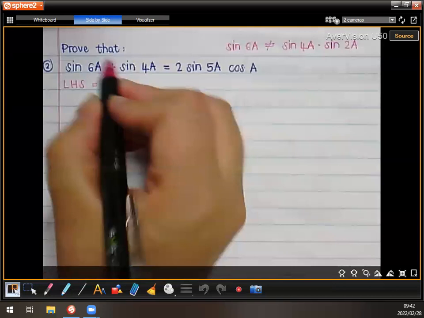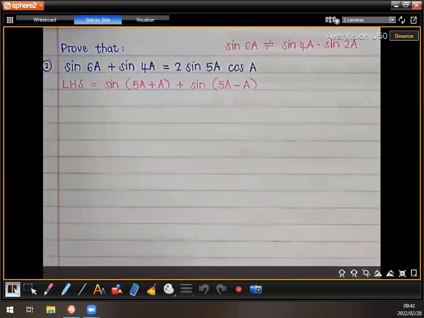Sine 6a is not the same as sine 4a times sine 2a, I suppose, is what you're thinking. That's not the same. So this 6a, we're going to rewrite as 5a plus a.